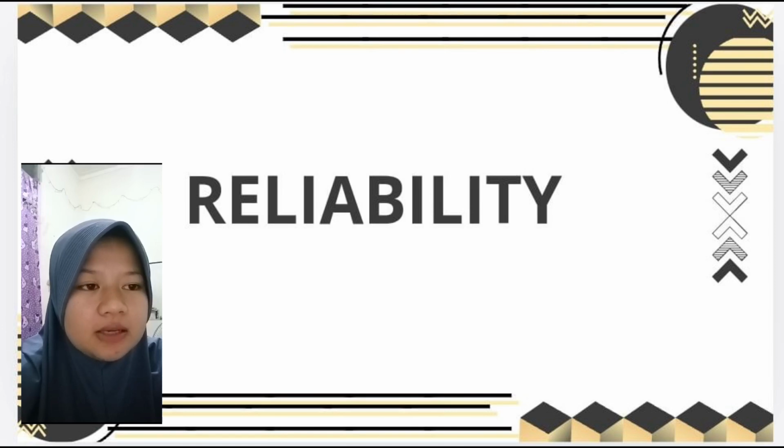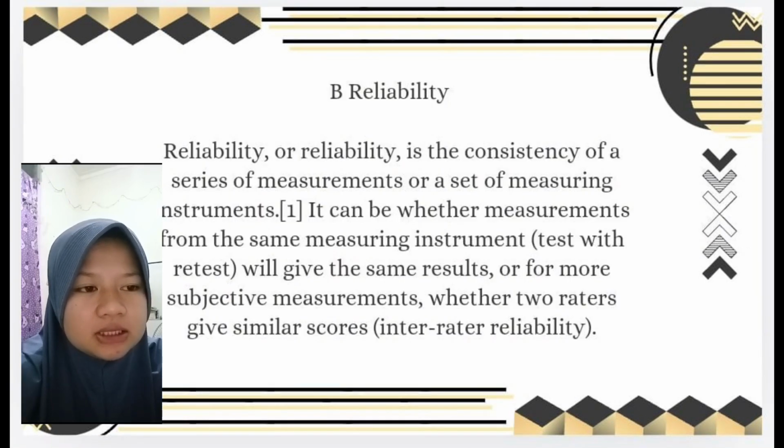B. Reliability. Reliability is the consistency of a series of measurements or a set of measuring instruments. It can be whether measurements from the same measuring instrument will give the same result, or for more subjective measurements, whether two readers give similar scores.